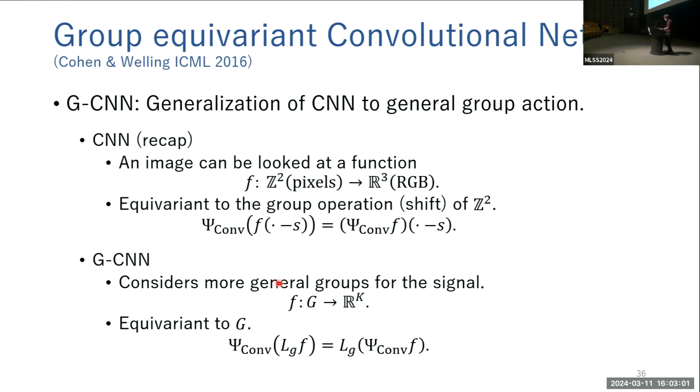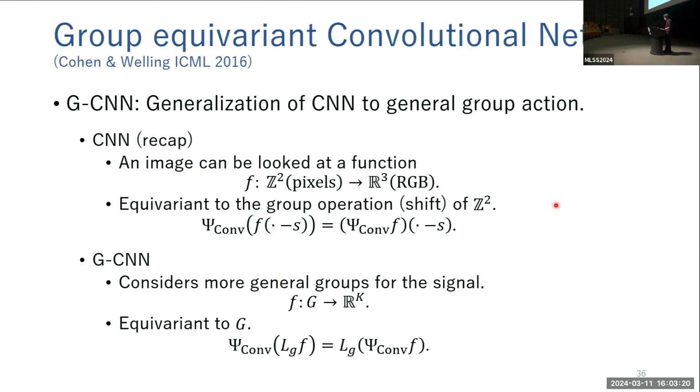I will come back to the group equivariant convolutional neural network part. After understanding the traditional convolutional neural network, it's not very difficult to extend it to the group equivariant convolutional network, with the knowledge of group theory.